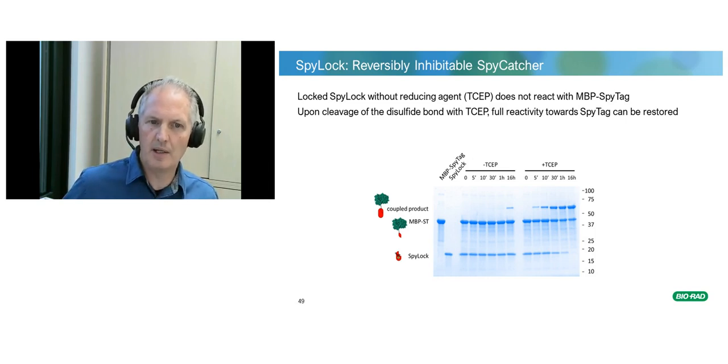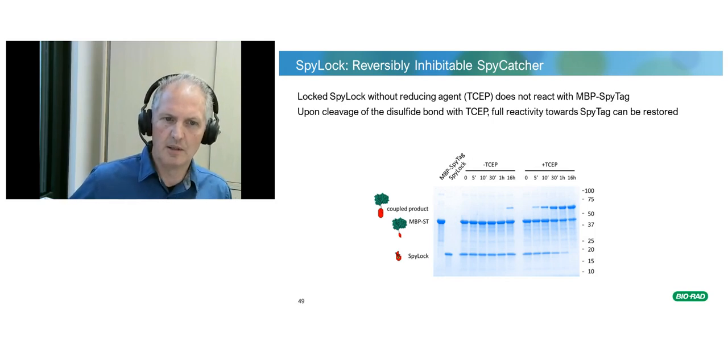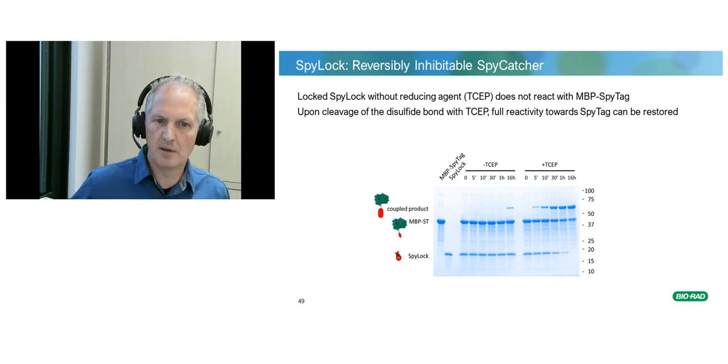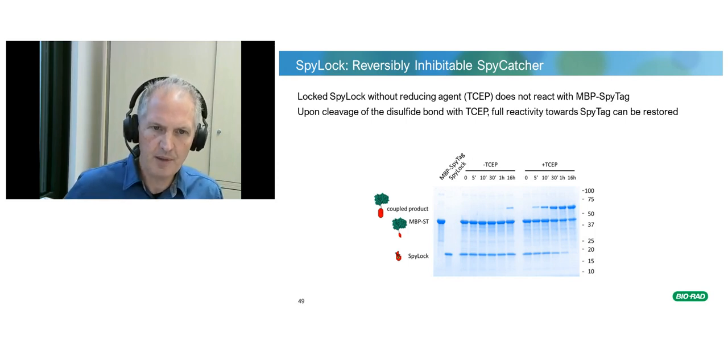Only after overnight incubation, after 16 hours, you can see a weak band. So it shows the reaction is not completely inhibited. It's just slowed down dramatically so that we can nicely use it to lock the SpyCatcher.